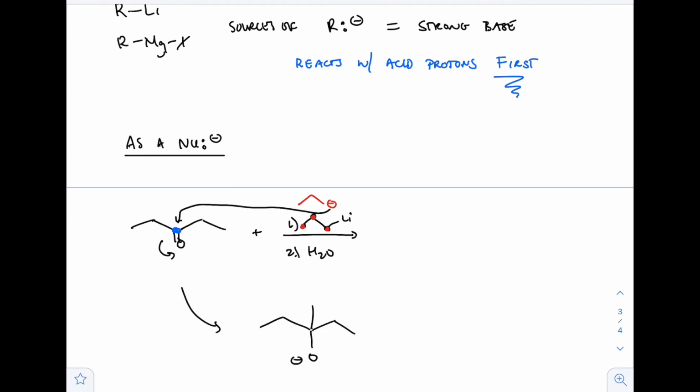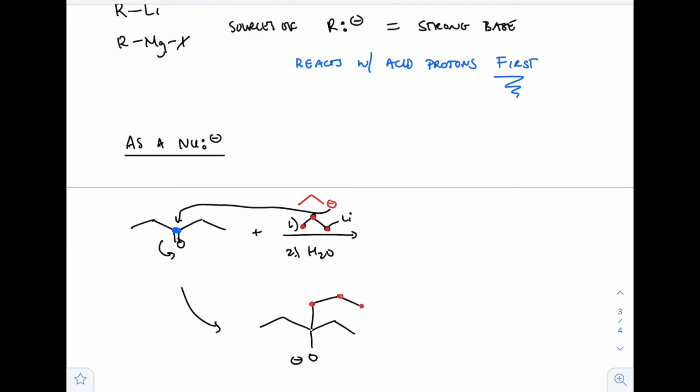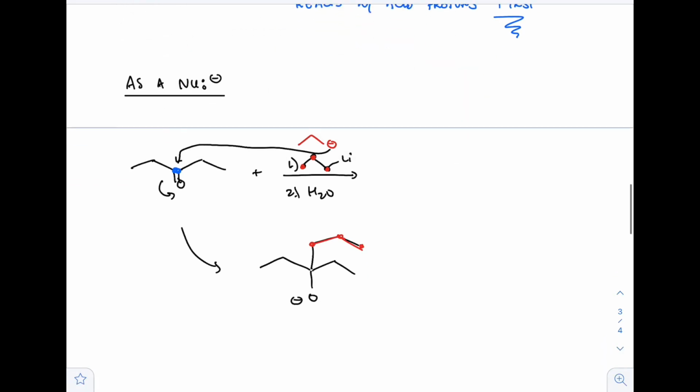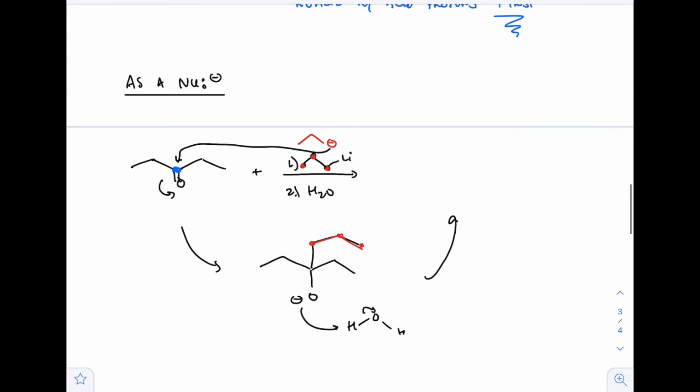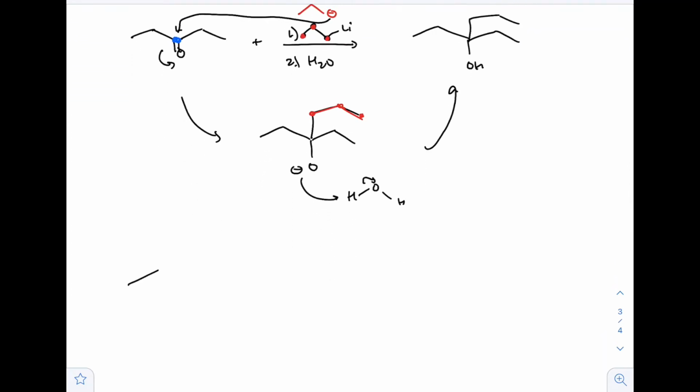So label them all out, attack the most electrophilic site, which is the carbonyl group, of course, right? And then I like to, again, label it out just so I keep track of all my carbons, right? You got to do inventory. Protonation of that O minus, the alkoxide, with water gives you the alcohol in the end. And notice this ketone went to a tertiary alcohol. That's going to be a common theme.